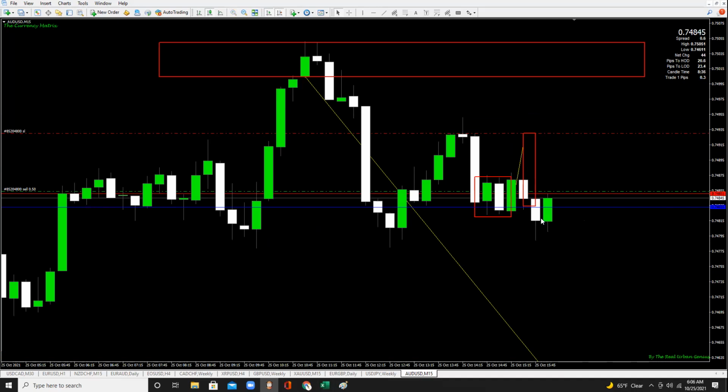The last 15-minute candle was bearish. So ultimately, until this current 15-minute candle closes, we can still continue to look for sell opportunities, expecting this current candle to be setting a high of the hour.